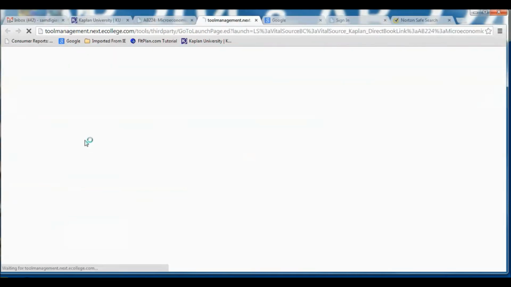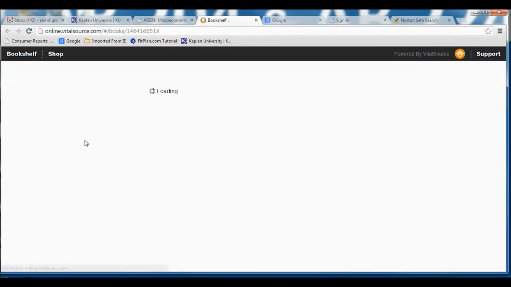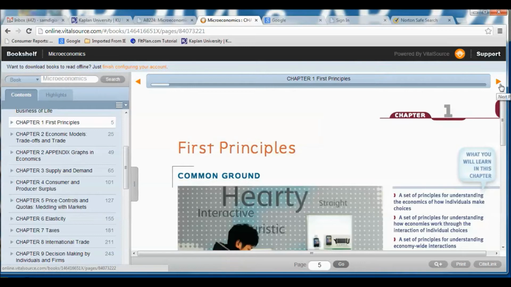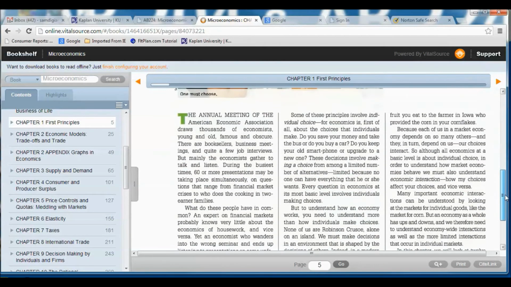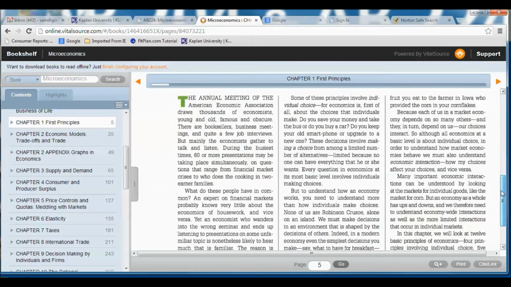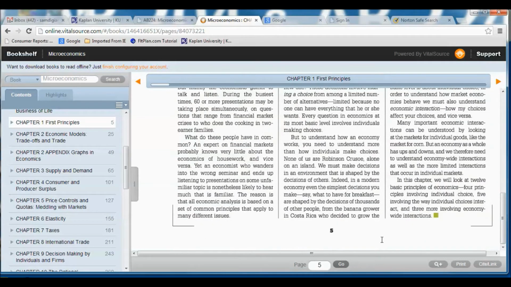And if you click on this, it actually takes you to the online book, and you can pick what chapter you want to read, and then you can scroll down and do the reading. Okay? And as you finish the bottom of the page, you click the little arrow and you go to the next page, and you can do your reading.